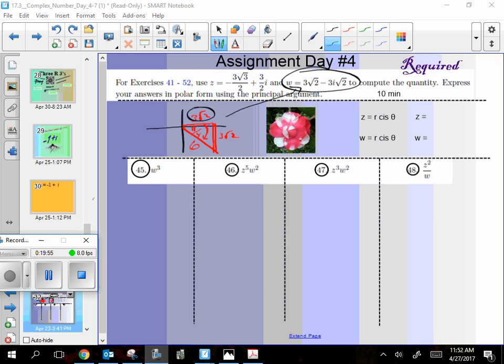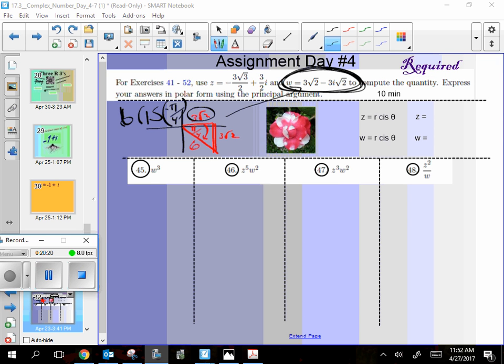Because it's the 1, 1 root 2 triangle. And if I multiply it by root 2, 3 root 2 times root 2 is like 3 times 2, which is 6. All right, so anyway, I got my r, and the 6 cis theta was negative pi over 4. That's what this is in cis form.